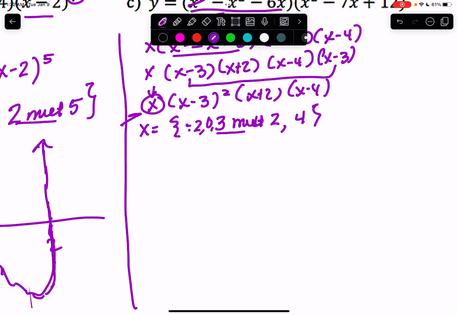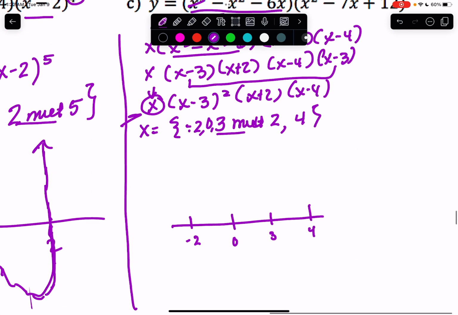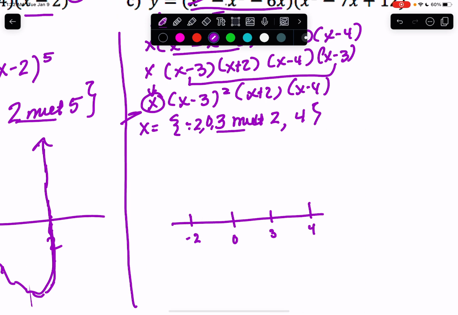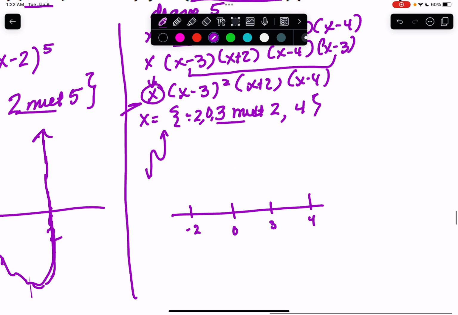All right, so now we're going to sketch this again. We have a -2, we have 0, we have 3, and we have 4. We have 5th degree, positive leading coefficient, so it has to go in that direction. It has to go through those, one up and one down.